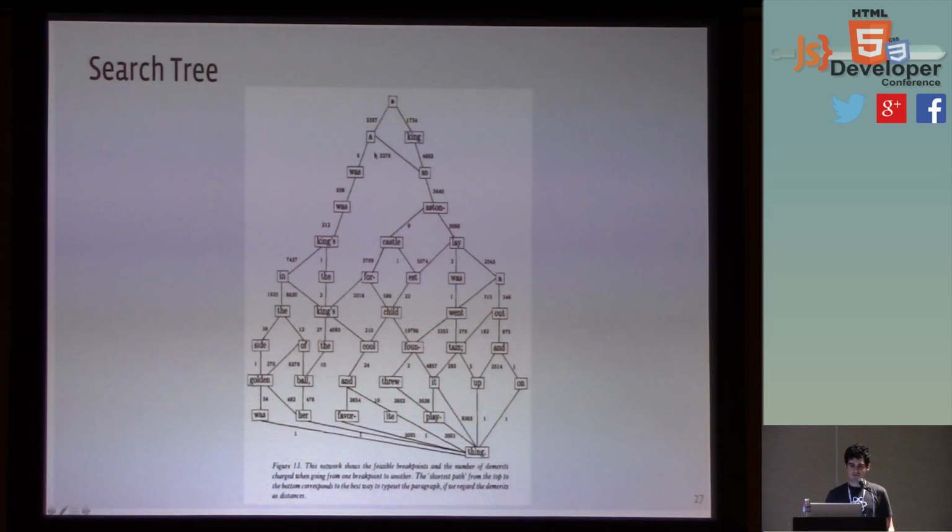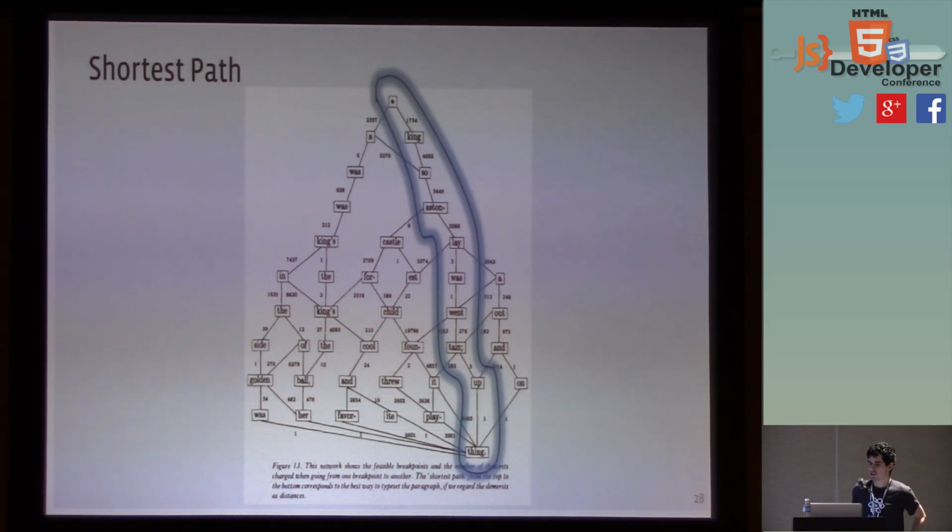And so at the end, we have a search tree like this. And I would say a graph, sorry. And at the end, they all meet at the last word. And so what you can do is use a shortest path algorithm to find the path that minimizes the cost of each line.